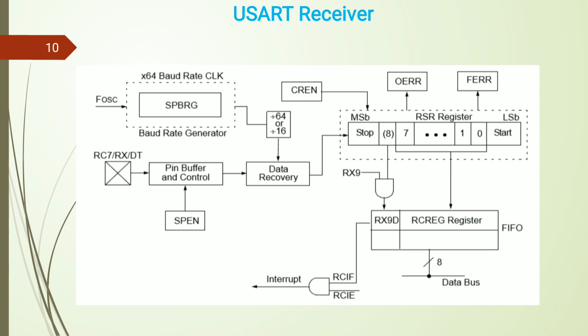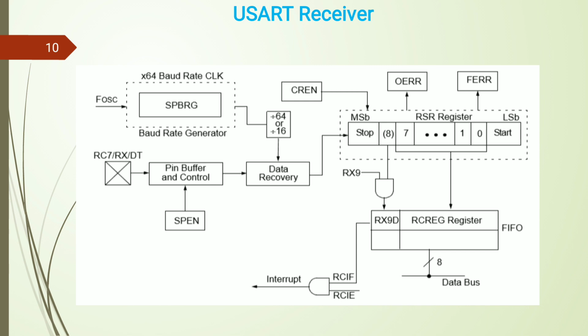While receiving data, continuous reception is also possible. If it is required, then CREN should be 1, and the next two parts are related to whether some errors occurred at the time of reception. These errors are detected like OERR, that is the overrun error, and the second error is FERR, the framing error, as we discussed in the registers.